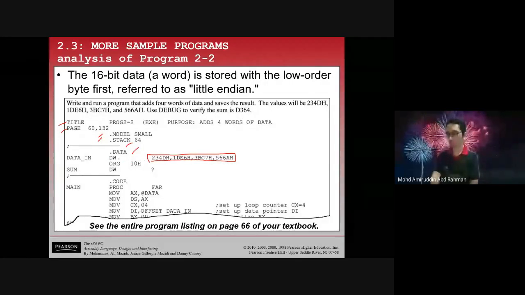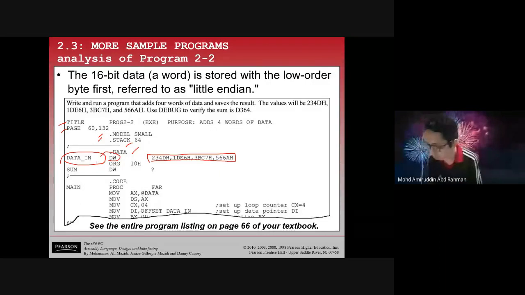So we set this at the data in, and then we put the DW, and then we put the ORG. ORG is also a directive. Why do we use ORG over here?